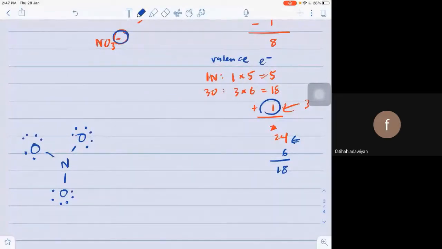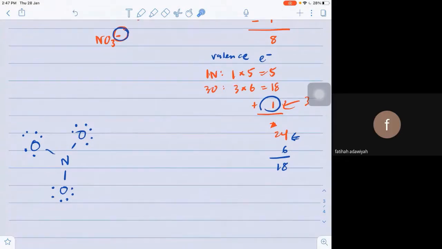From this structure, we observe that only the terminal oxygen atoms achieve octet, but not the central nitrogen atom. So to make nitrogen also achieve octet, an electron pair on oxygen is used to form a second bond between the oxygen and the nitrogen.